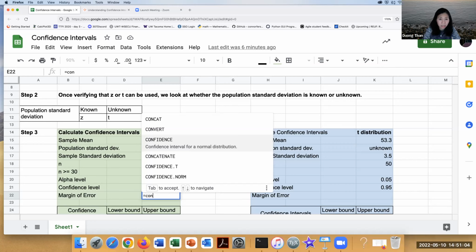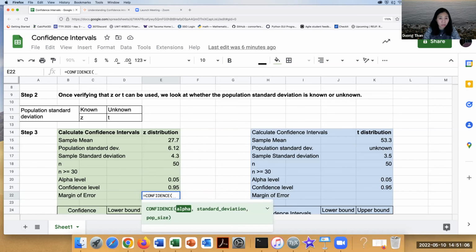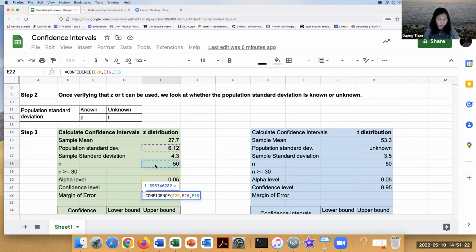In order to use this function, you input the alpha level, the population standard deviation, and the sample size. These are the 3 pieces of information you need to put in this function, and that will give you the margin of error.